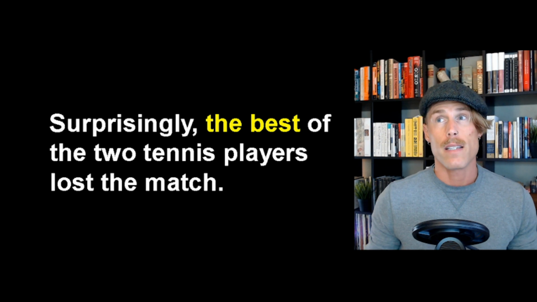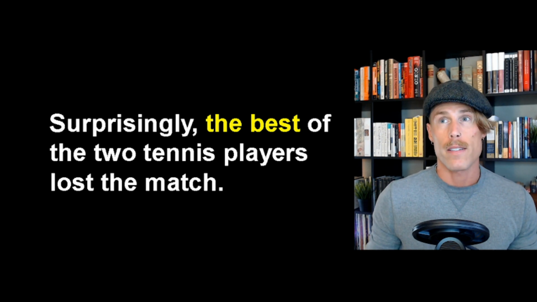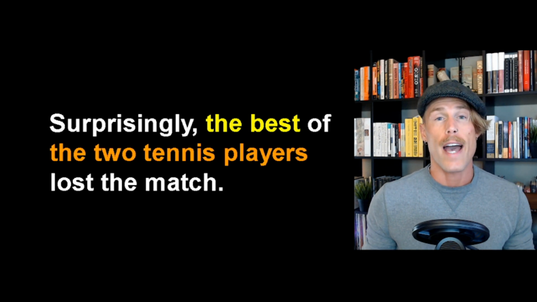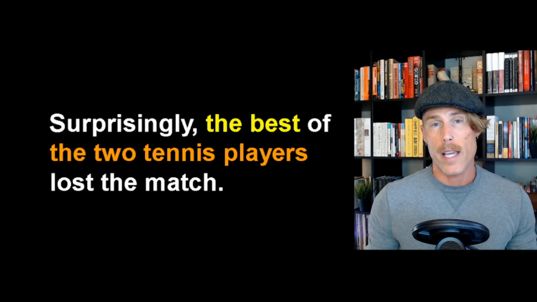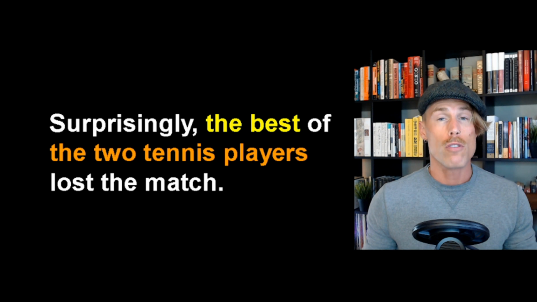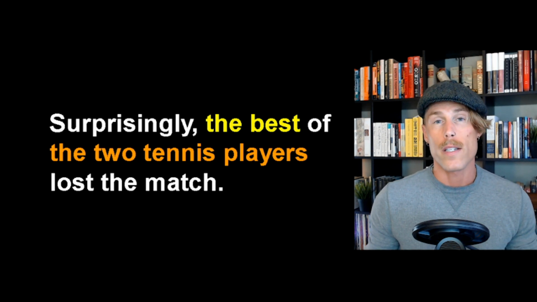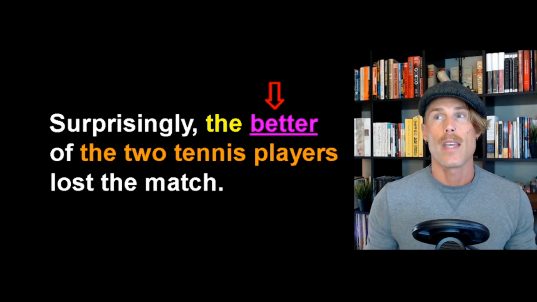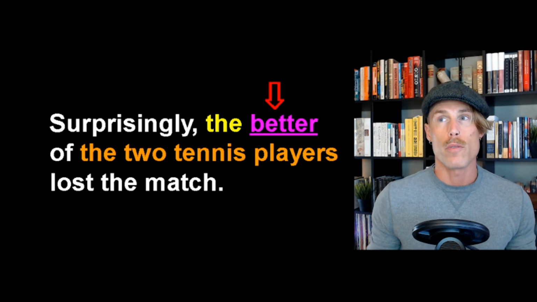So best is incorrect. And we have 2 tennis players, right? Remember, when we have 2 of something, we want to use the comparative. Okay. Better. Surprisingly, the better of the 2 tennis players lost the match.